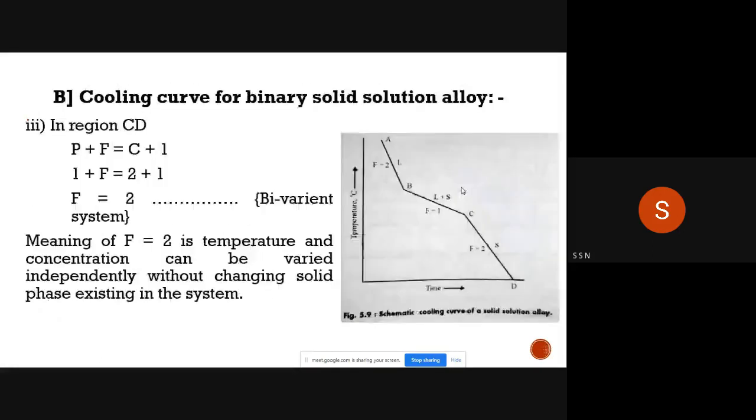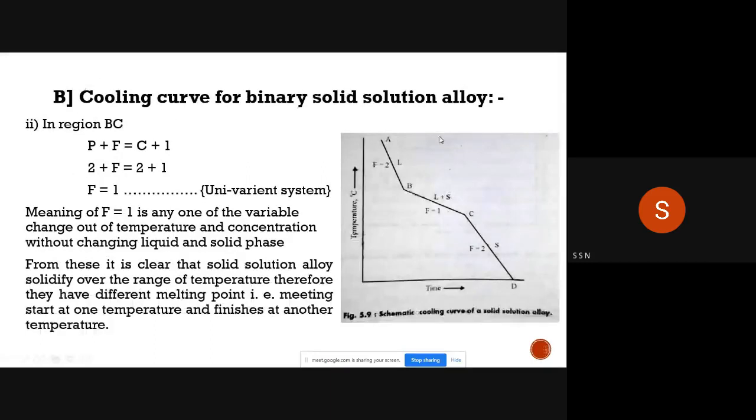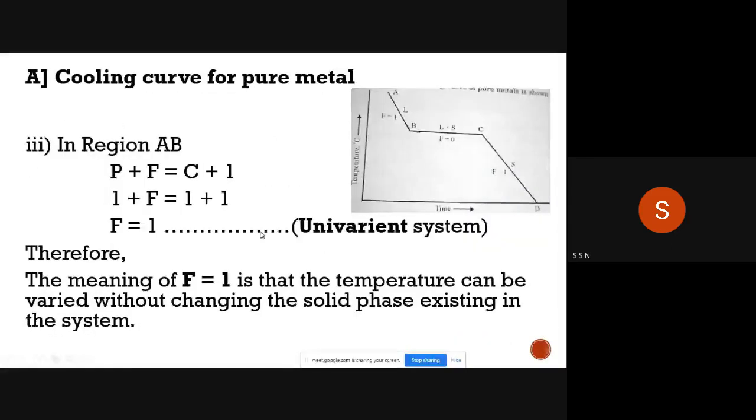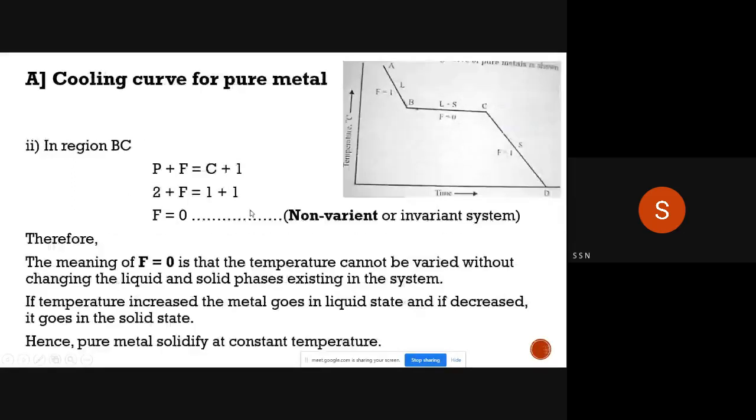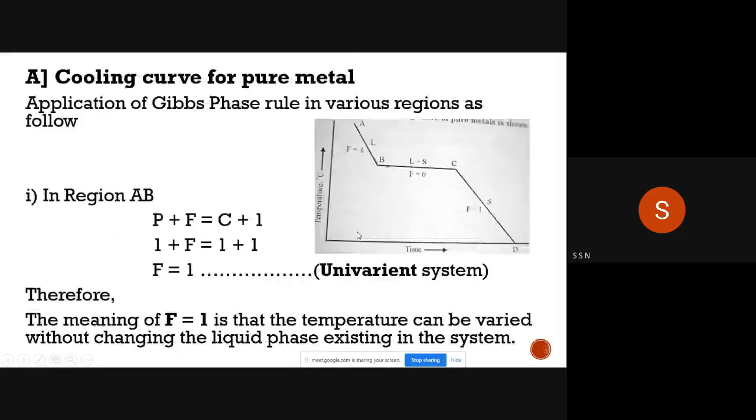In the previous case, for binary solid solution also, it is one kind of alloy. So for binary solid solution alloy, there also we are considering two components. So this C will be 2 in that case. But for pure metal, that C will be considered as only 1, because C is the number of components.